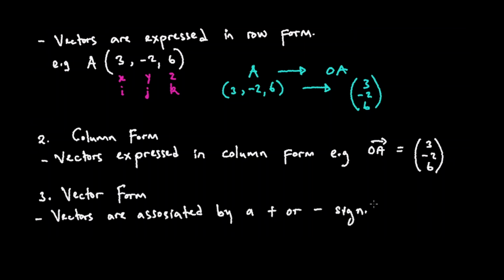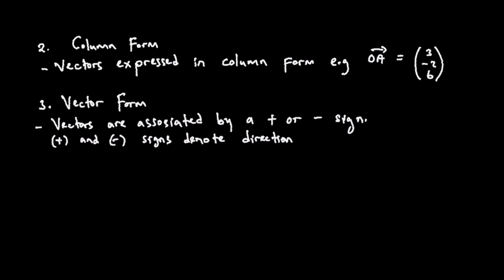And what's important here, you should know that plus and minus signs denote direction. And when you are doing vectors, especially under subjects like physics, remember that the convention is vectors pointing up or vectors pointing to the right or vectors in between are denoted as positive.